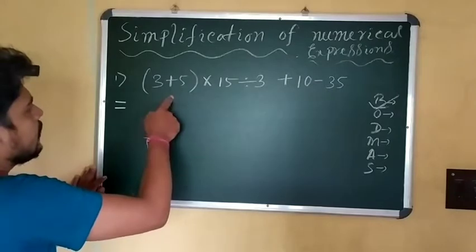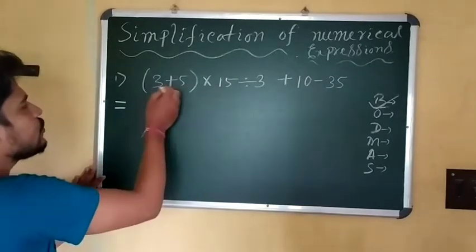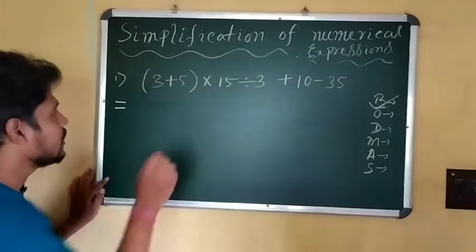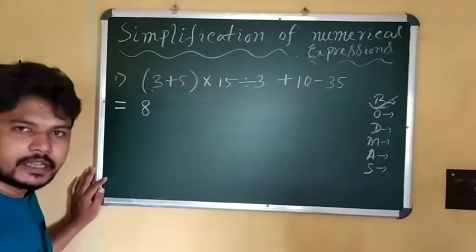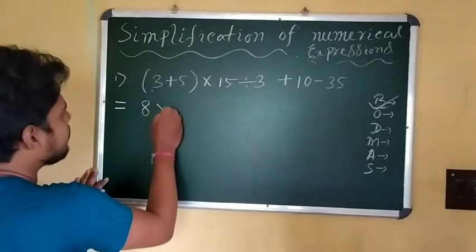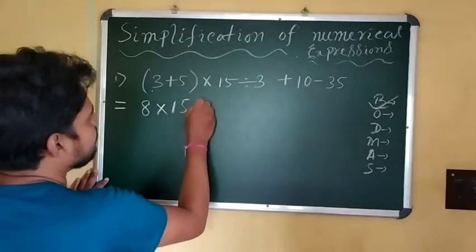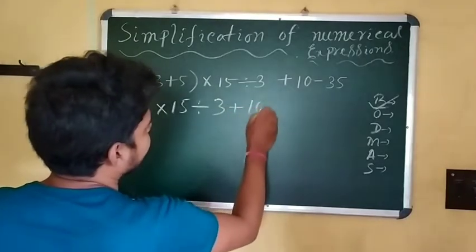Yes, here within this bracket it is written 3 plus 5. So we have to solve this at first. So 3 plus 5 equals 8. You write down here 8. Then you write down the other parts of this numerical expression the same as they are written in the first line.